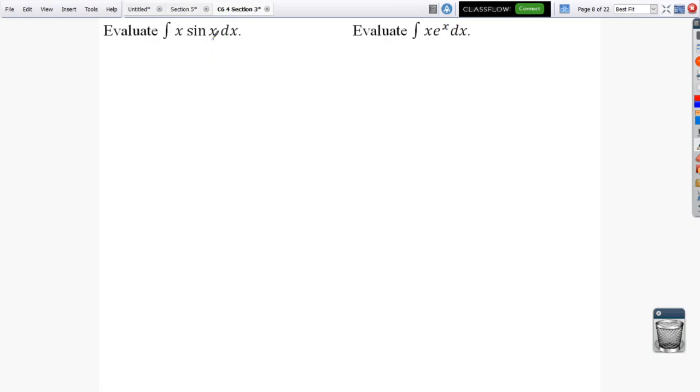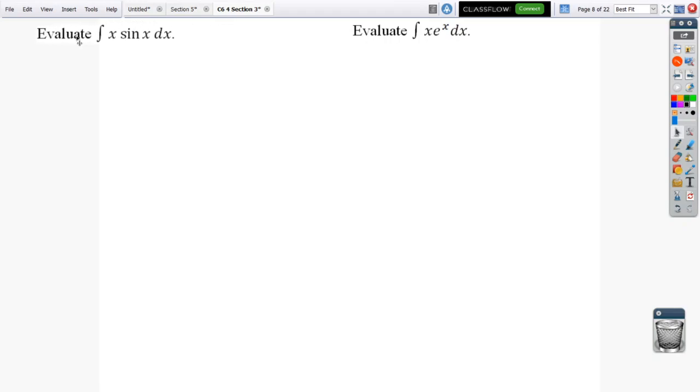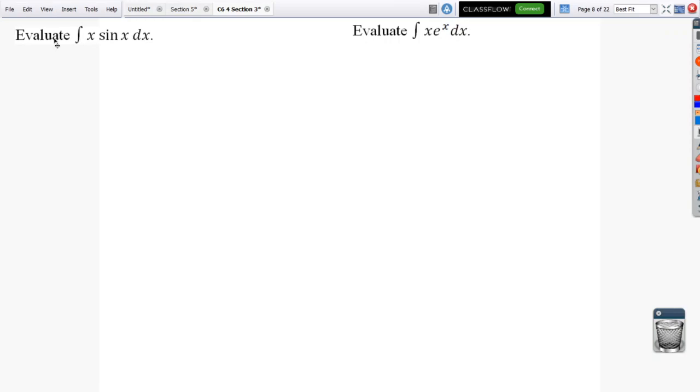Remember, the integral formula was that the integral of u dv is equal to uv minus the integral of voodoo. So that integral of u dv implies that we're looking for products. Even further, this is a product rule where u substitution would not work. I don't see any compositions of functions here, so I'm not going to use u substitution.